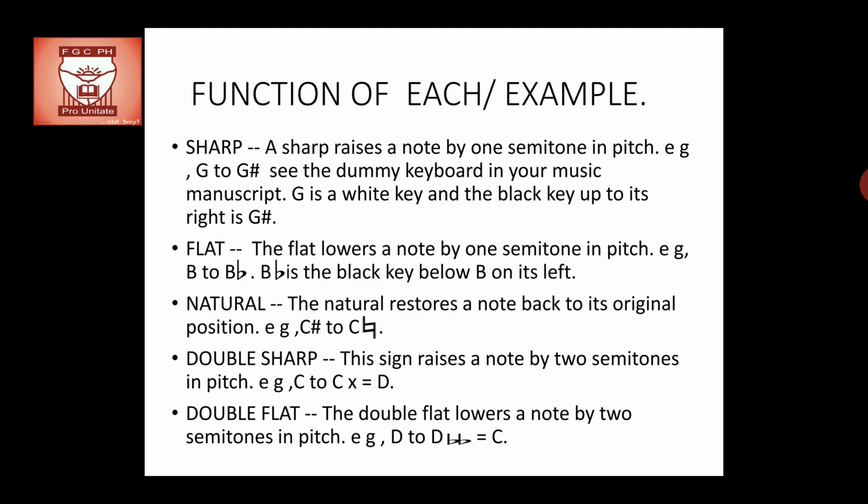2. The flat. The flat lowers a note by one semitone in pitch. For example, B moving backward to B flat. You have B back to the black note before the white key B becomes your B flat.